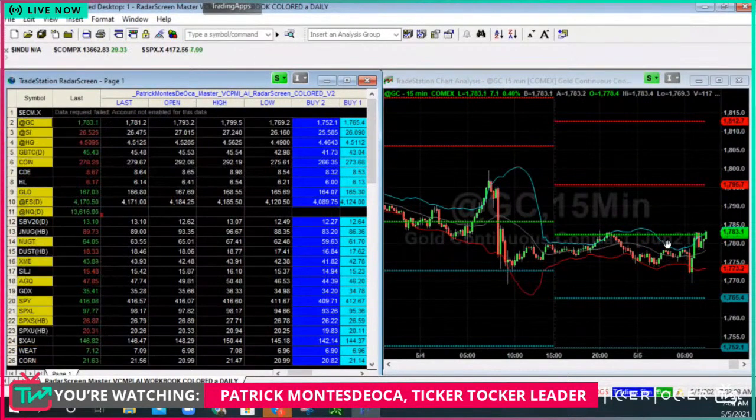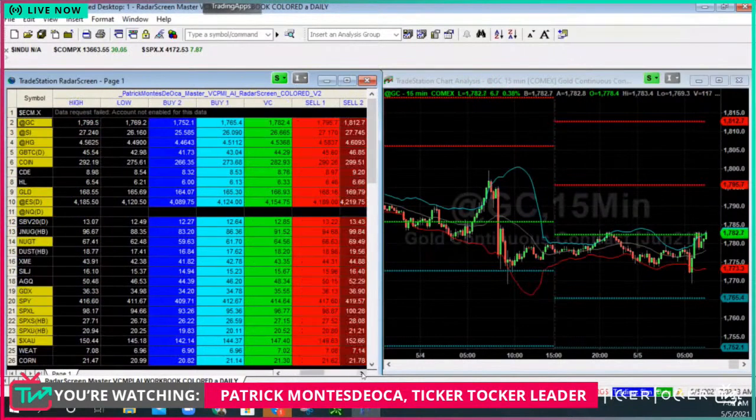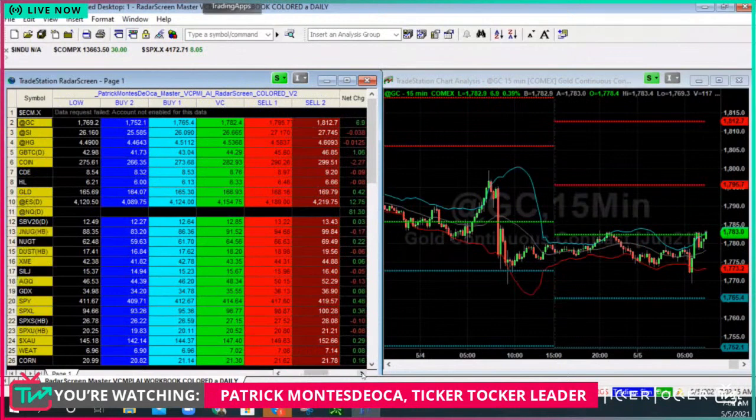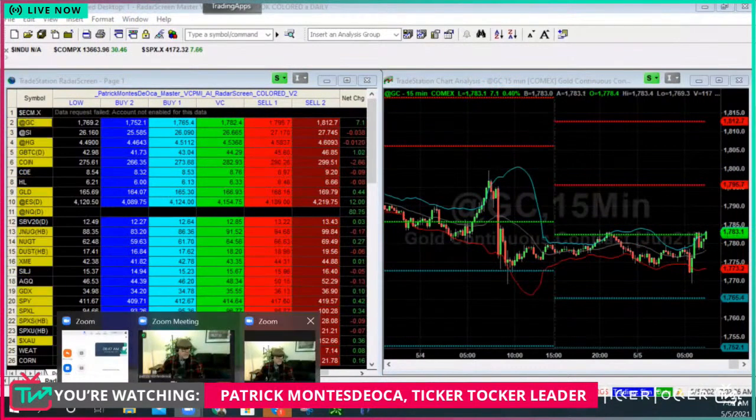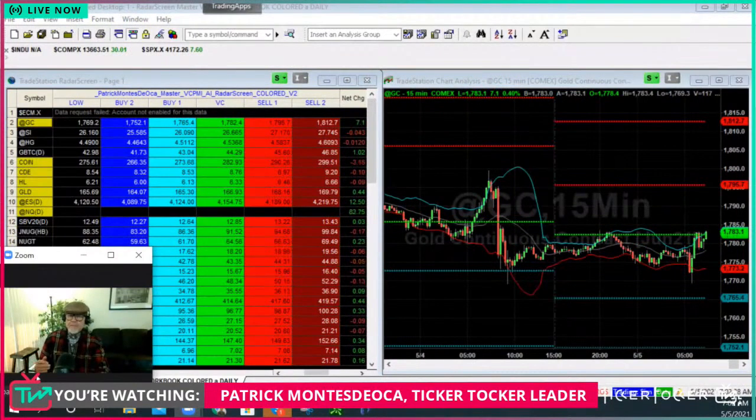On gold here, trading on the average of 1783, which is the average for the day. Trading above this average, it activates a bullish price trend momentum.